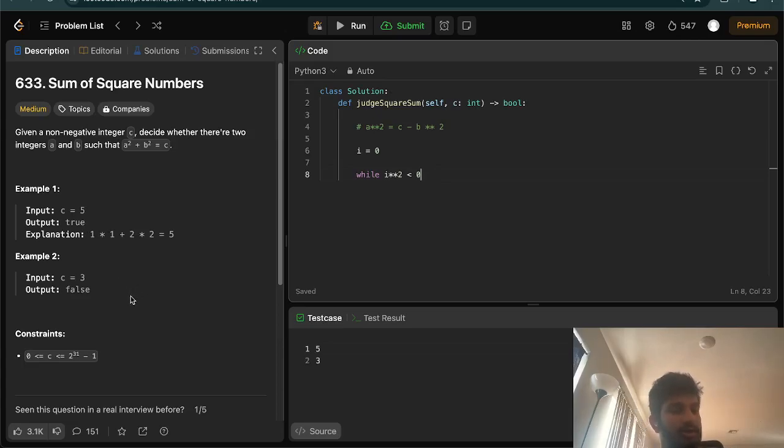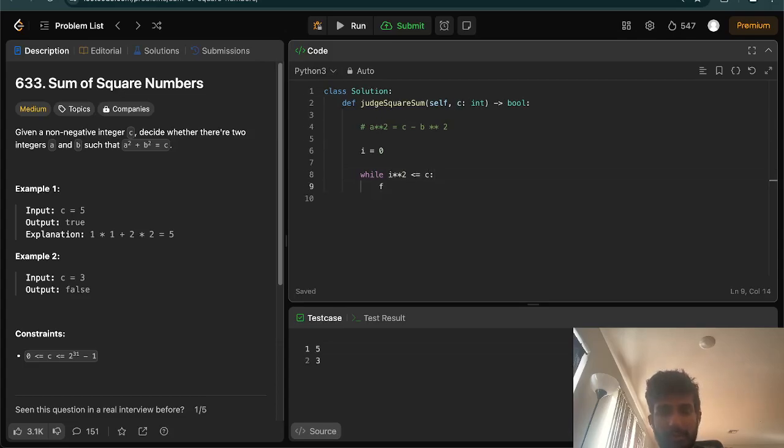I guess that's also valid. So while i squared is less than or equal to c.